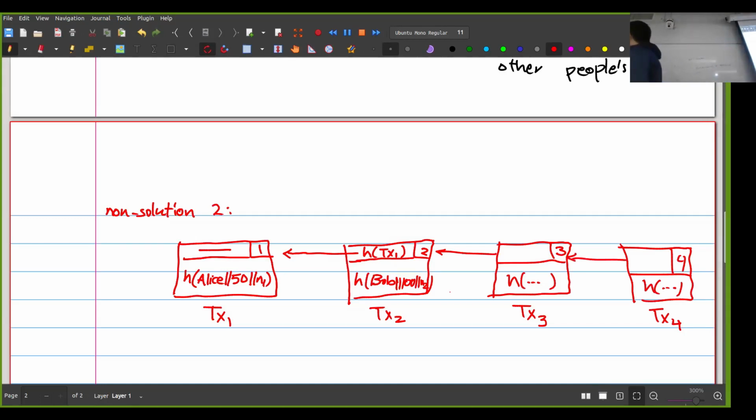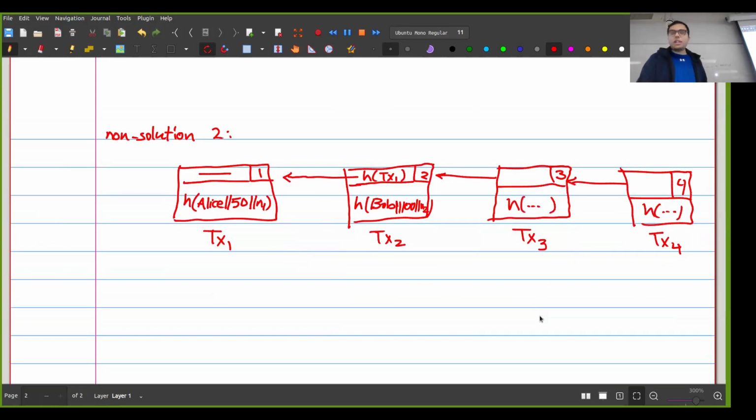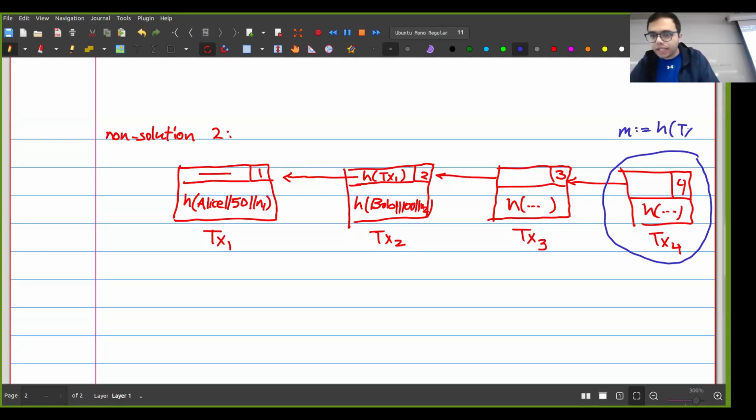Okay. Now, just as before, we have to talk about what kind of proof we have to give to each one of the depositors. So the last depositor, again, just brings the transaction. I just say that my M is the hash of this last transaction. So that's the value that the Hong Kong branch is sending to the London branch.